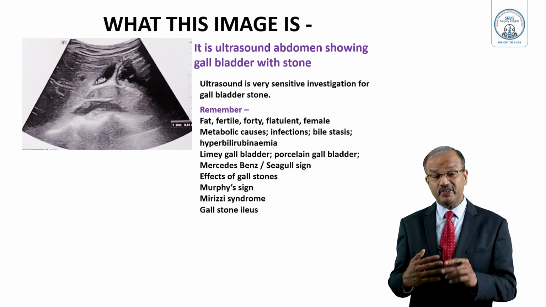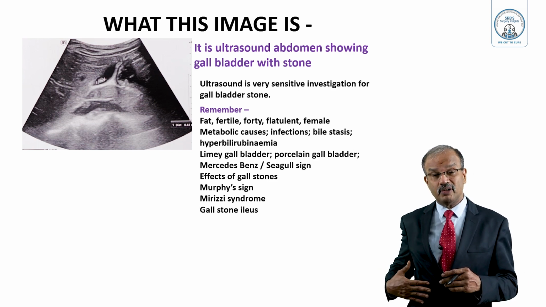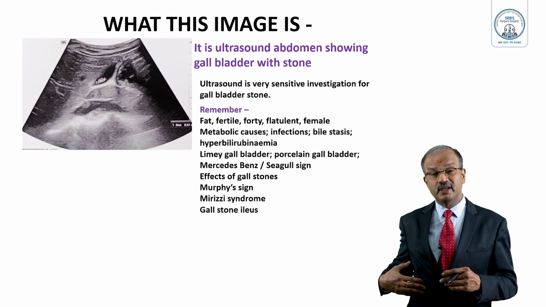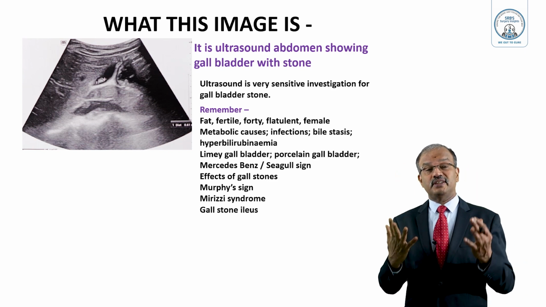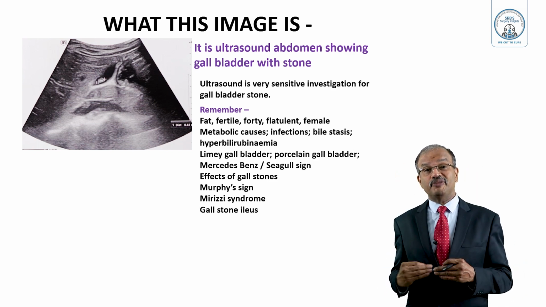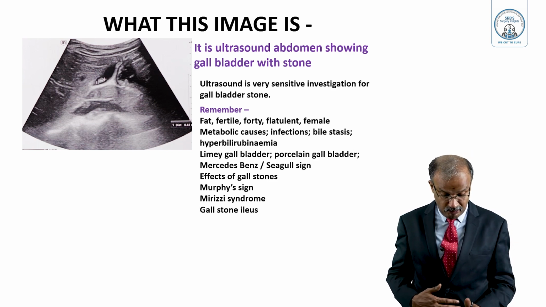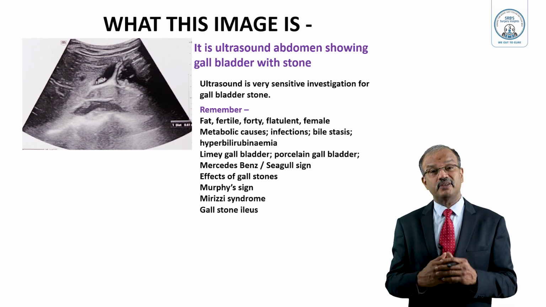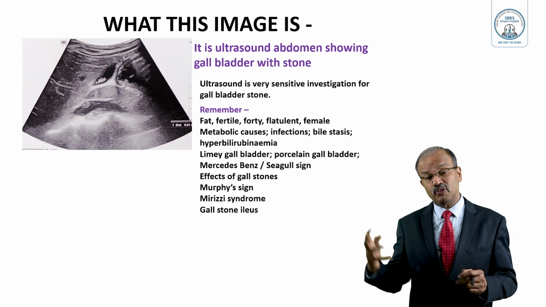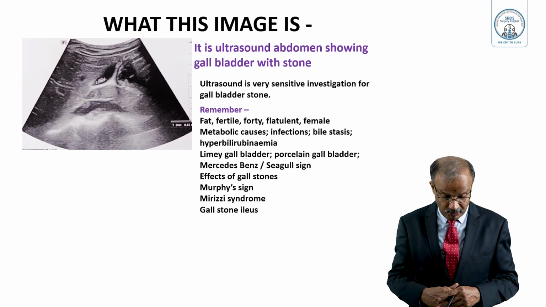So remember Murphy's sign: when you examine the right upper quadrant, at the height of inspiration, the patient winces with pain. That is the typical Murphy's sign. You have to remember that. Mirizzi syndrome, I said, has 4 to 5 grades. Remember that.